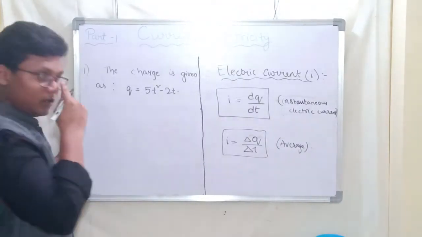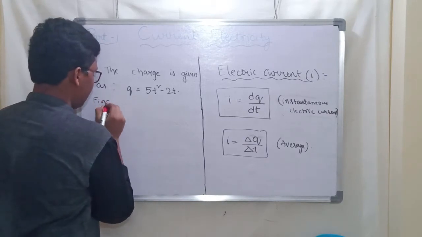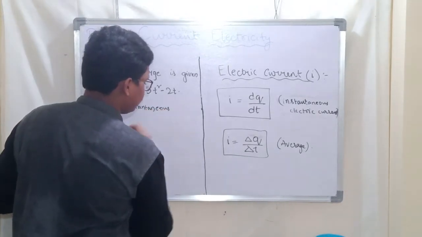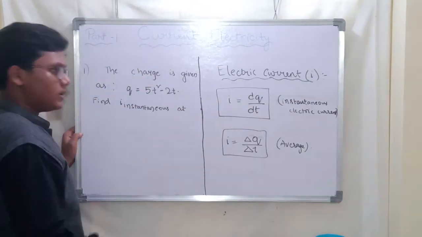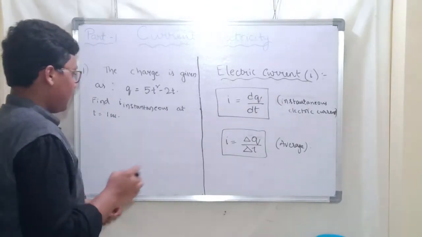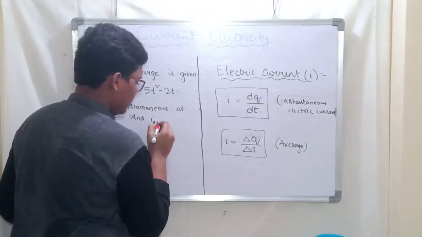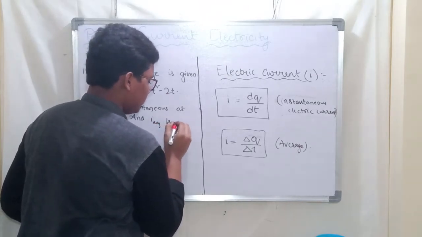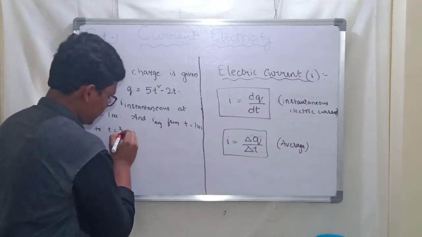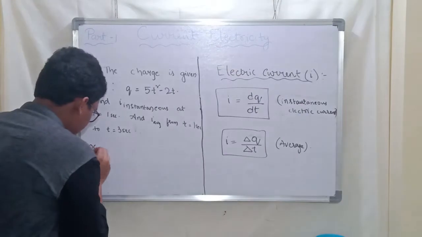Find the instantaneous current at t is equal to 1 second, and the average current from t is equal to 1 second to t is equal to 3 seconds.